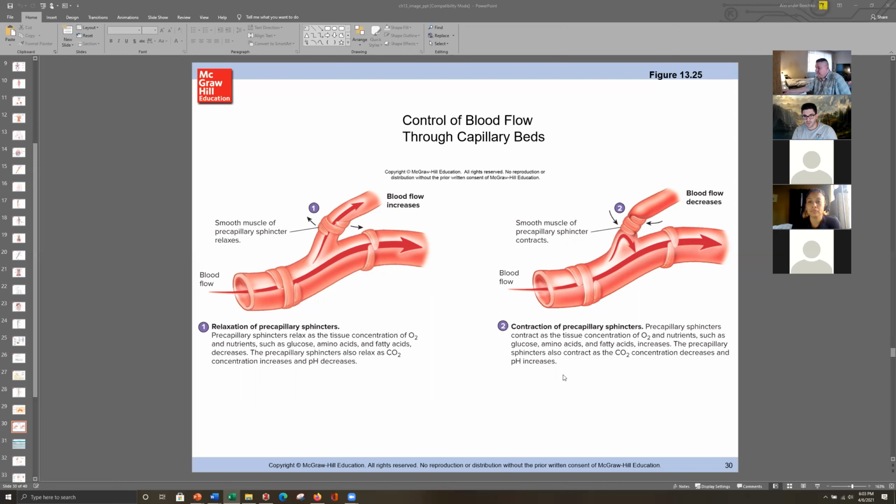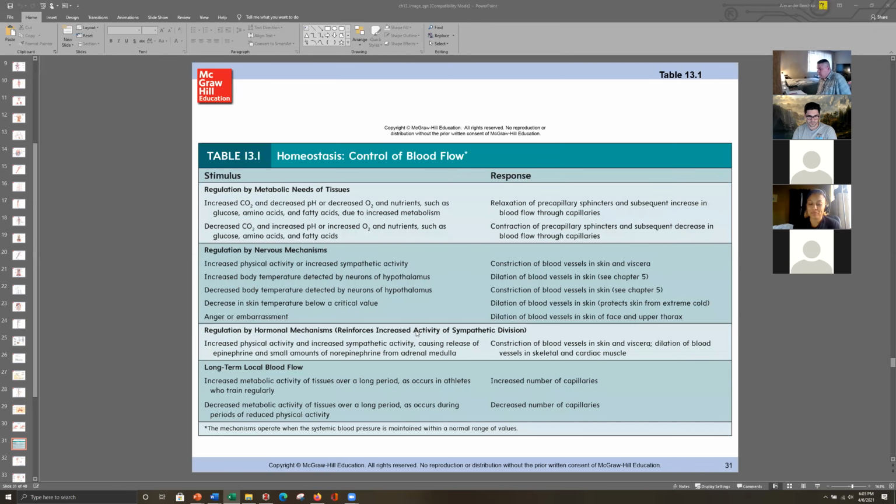The precapillary sphincters can also contract as carbon dioxide concentration decreases and the pH of our blood increases, right? So we have all of these different things that can affect how our precapillary sphincters are operating. All right. So control blood flow.